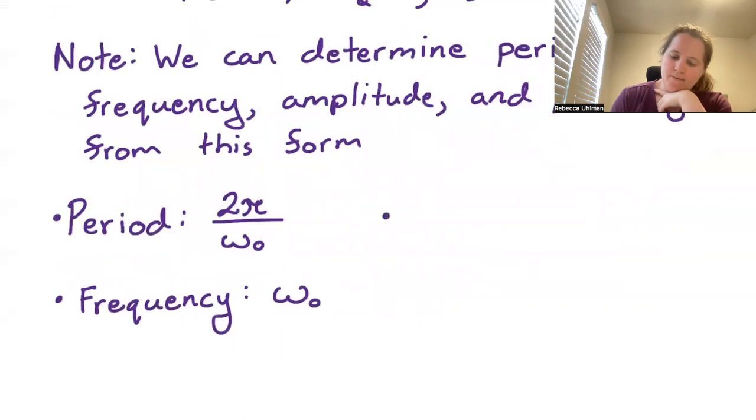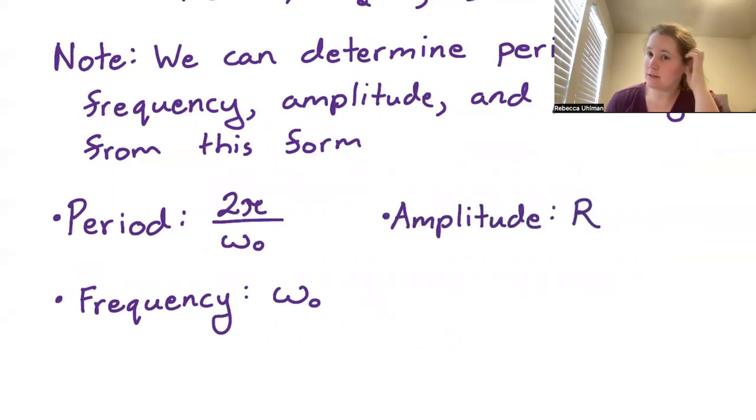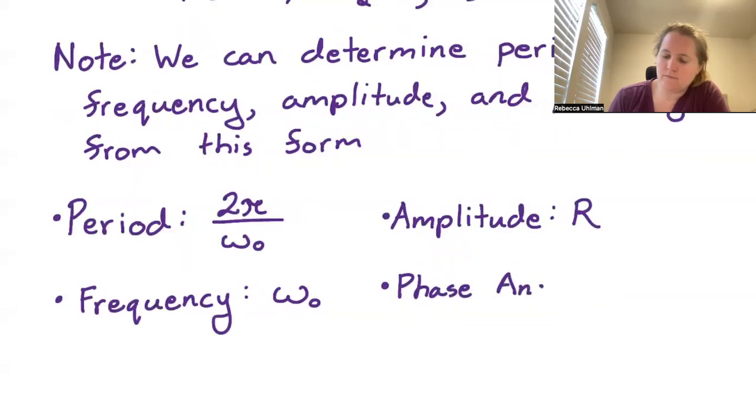Our amplitude is just R, right? That's the min and max displacement, our capital R. And then our phase angle is just our phi.